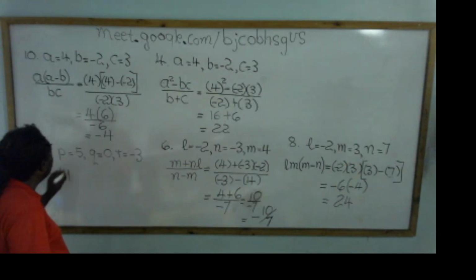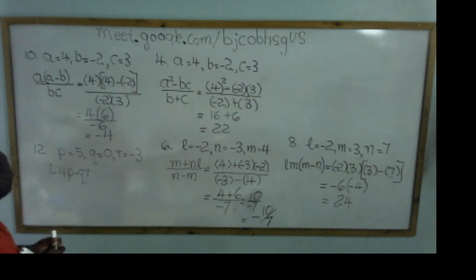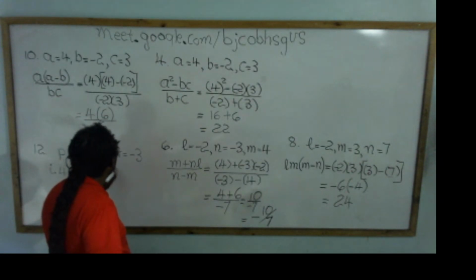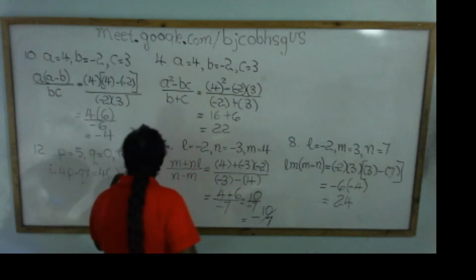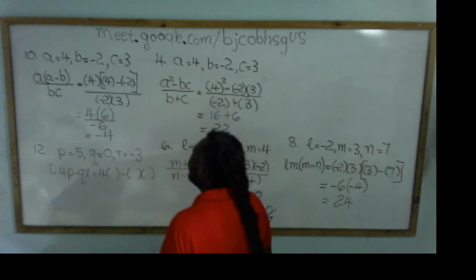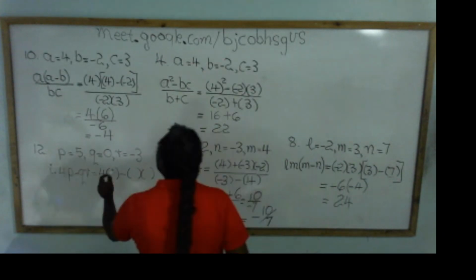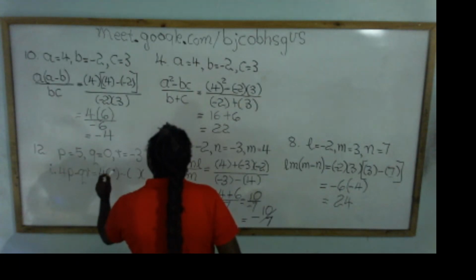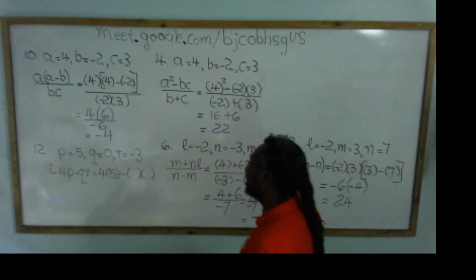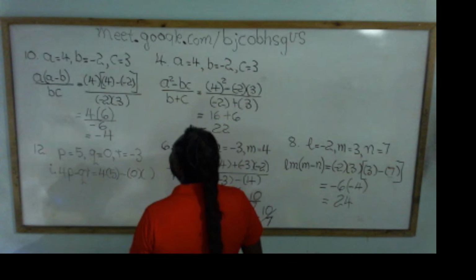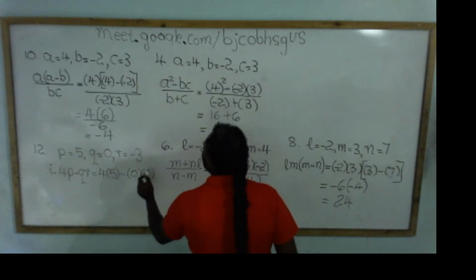I can continue with this one, and that is equal to what? 4 something minus something times something. 4p minus qr. P is 5, goes there. Q is 0, goes there. And it does not matter what r is, but it is negative 3.